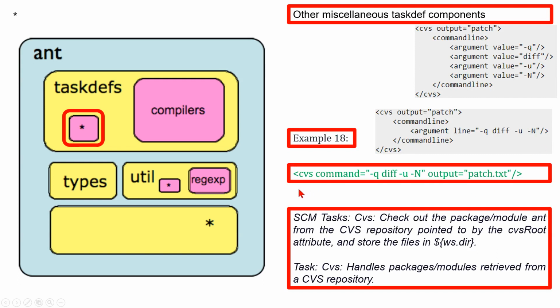Here, silently (-q) create a file called patch.txt containing unified (-u) diffs, which includes new files added via cvs add -N and can be used as input to patch.